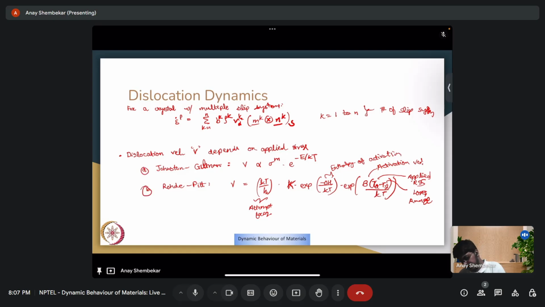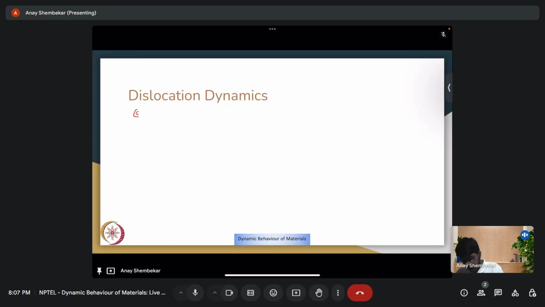A third model, which is more in line with what we see, is the Gilman model, where he writes the dislocation velocity as Vs star times 1 minus e raised to minus tau by s, plus Vd star times e raised to minus D by tau. D refers to the characteristic drag, and Vs star and Vd star are basically your limiting velocities.